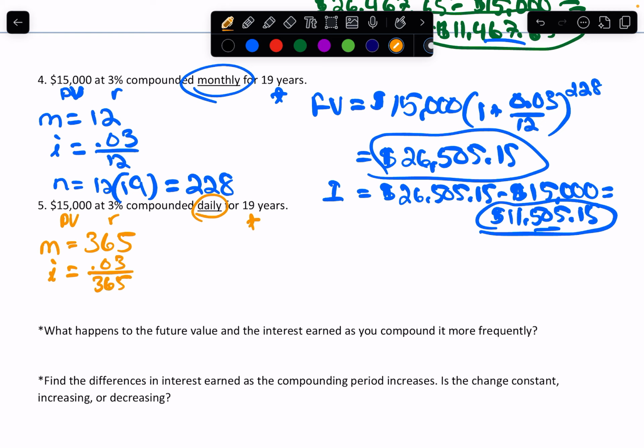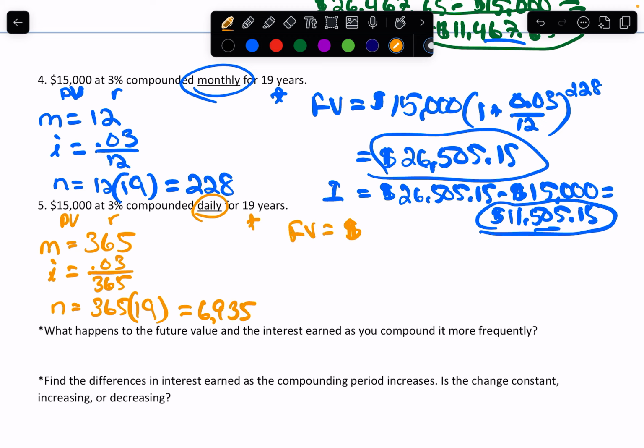And our N is going to be 365 times 19. Okay, so even larger numbers here with the 365 times 19, that is 6,935.